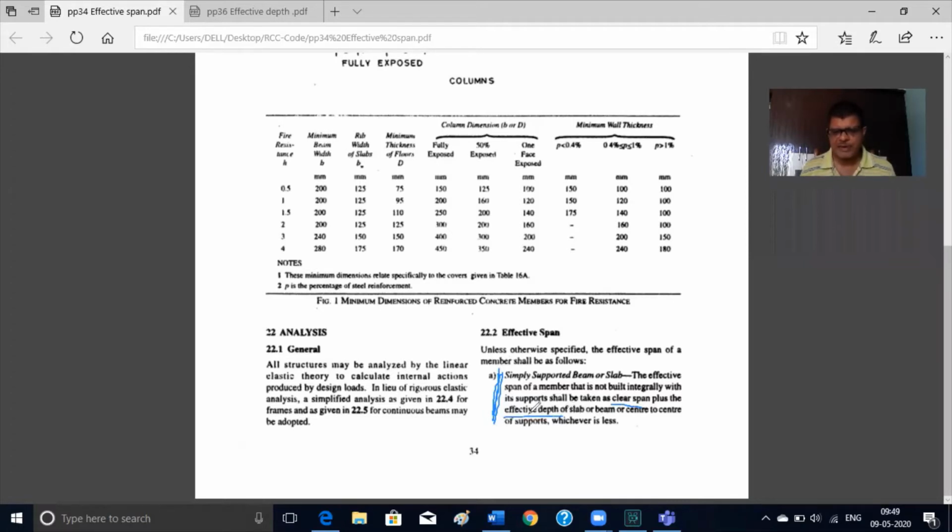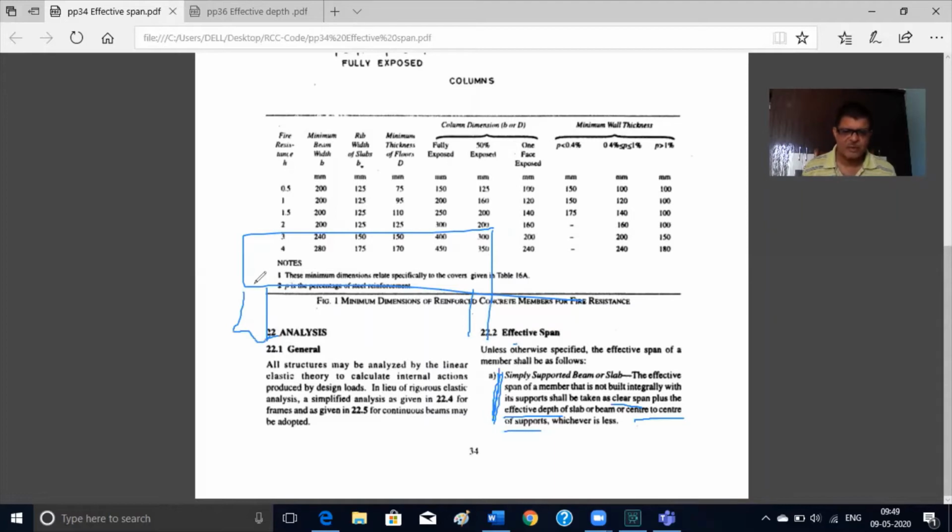So first you have calculated effective depth. So clear span plus effective depth of slab or beam, or center to center of supports. Center to center of supports I have explained earlier. Now center to center of supports means this is the support, this is the support here, this is the width of support here, this is the width of support here.